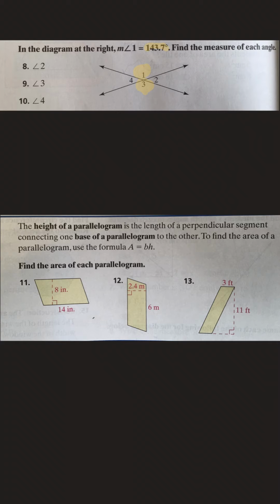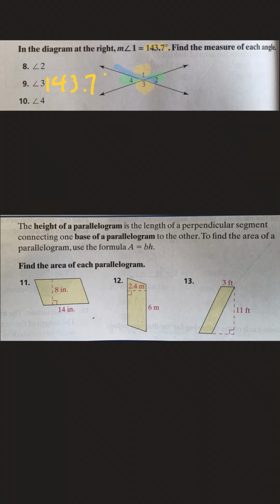Therefore, we know that angle 3 is also 143.7 degrees. So now we just need to solve for angle 2 or 4. They are vertical angles and also congruent.